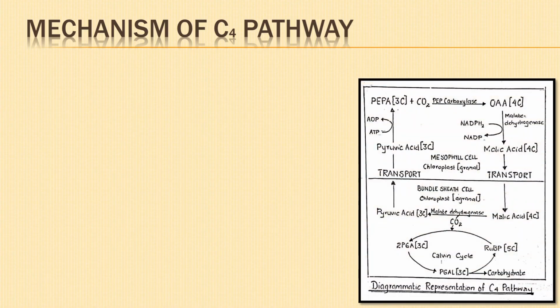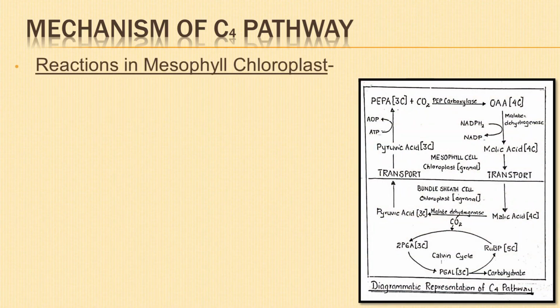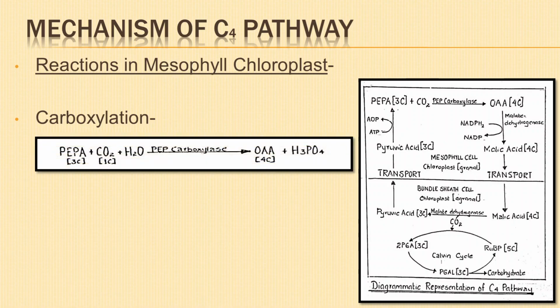Reactions in mesophyll chloroplast. First, carbon dioxide fixation or carboxylation. Phosphoenol pyruvic acid present in the chloroplast of the mesophyll cells accepts atmospheric carbon dioxide to form a 4-carbon compound, oxaloacetic acid.